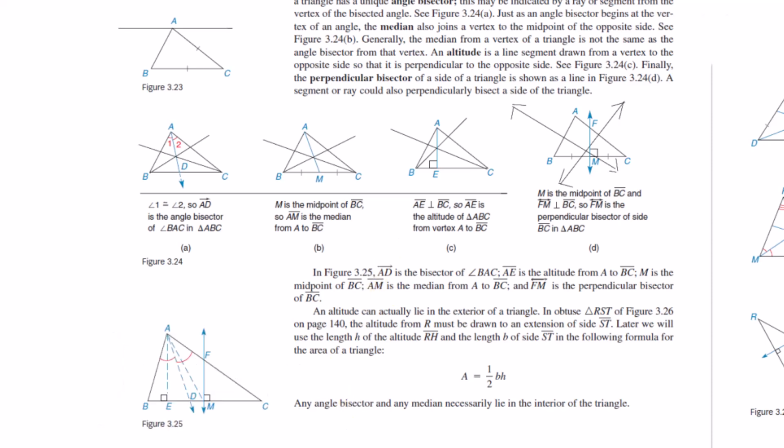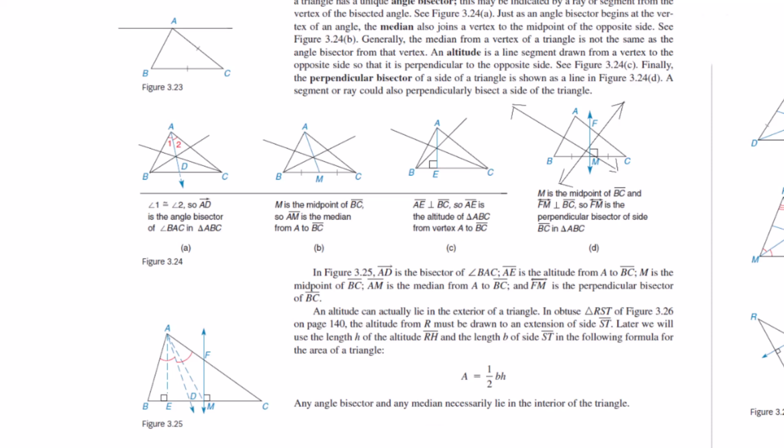Okay, but coming back to the characteristics of these auxiliary lines, you can see that you can have an altitude that in some cases can be on the exterior of a triangle. But what about the angle bisector and the median? Well, if you think about it, those are always going to be on the interior of the triangle, no matter what.